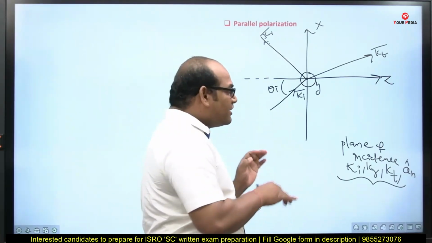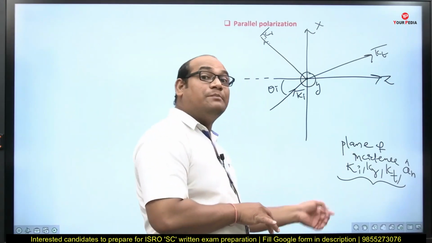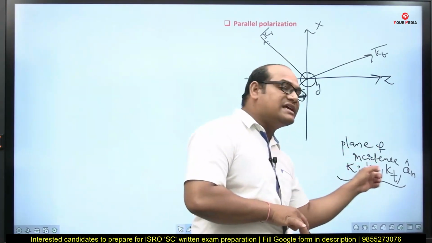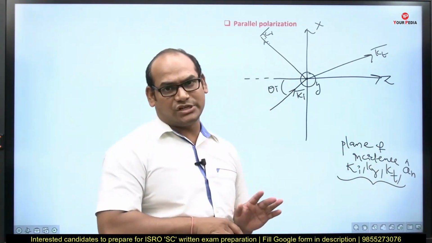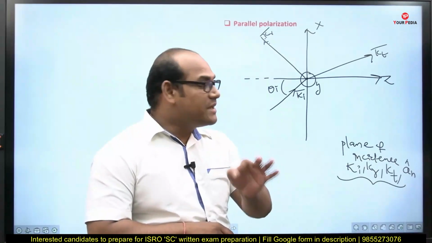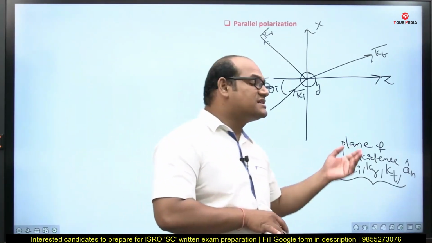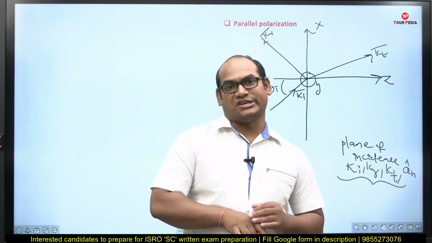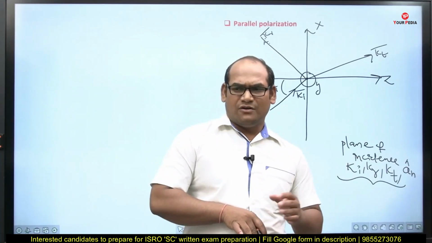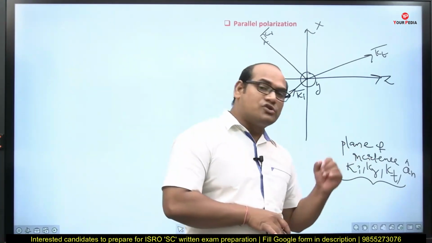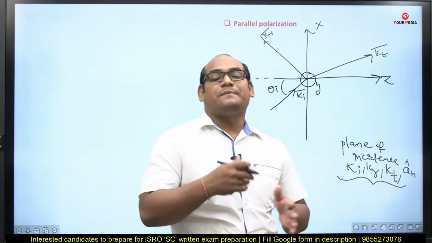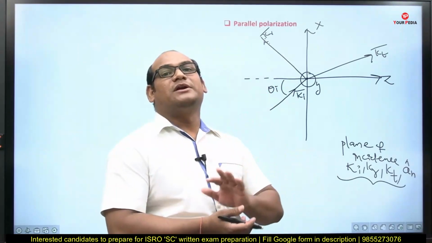If your electric field is parallel to the plane of incidence, that is called parallel polarization. If your electric field is perpendicular to the plane of incidence, that is called perpendicular polarization. For interview questions also it is important: what is parallel polarization, what is perpendicular polarization?